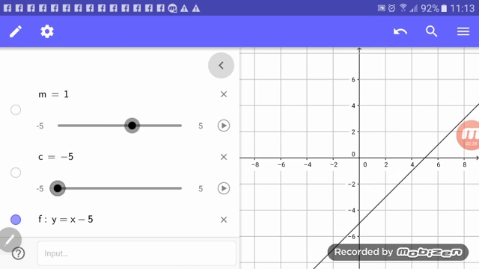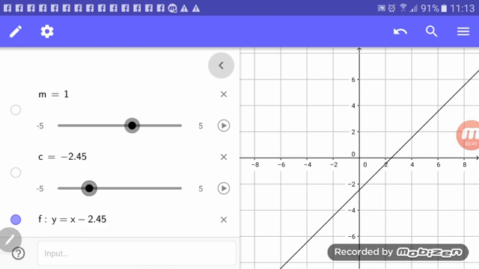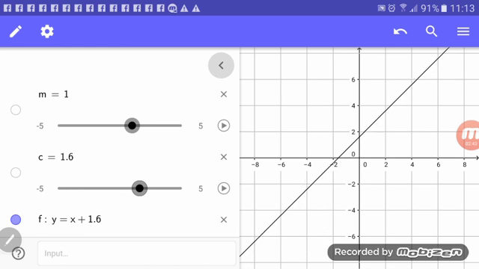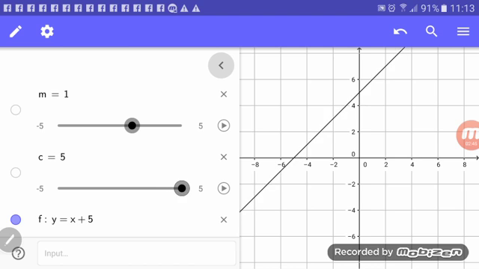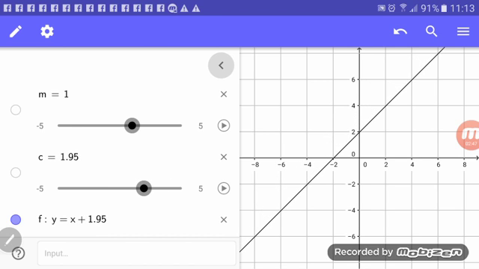Okay? So if you're trying to make an equation from the graph, you might not know the slope yet, but your c value you can read straight off the graph by looking at the y-intercept.